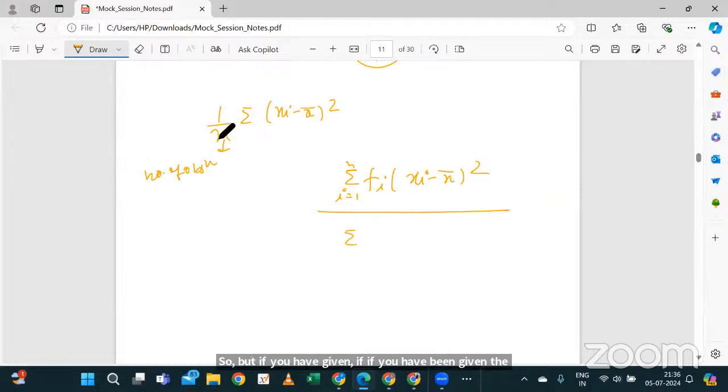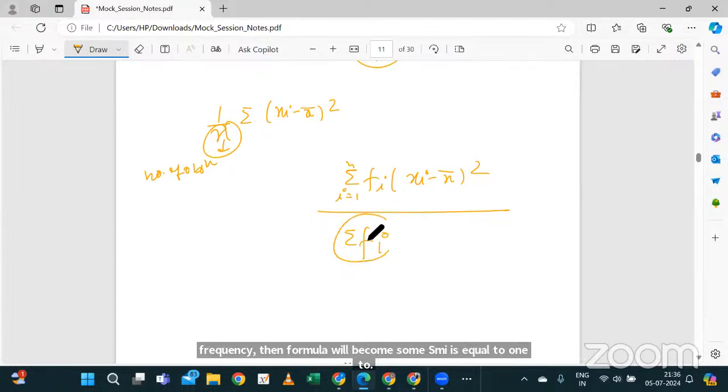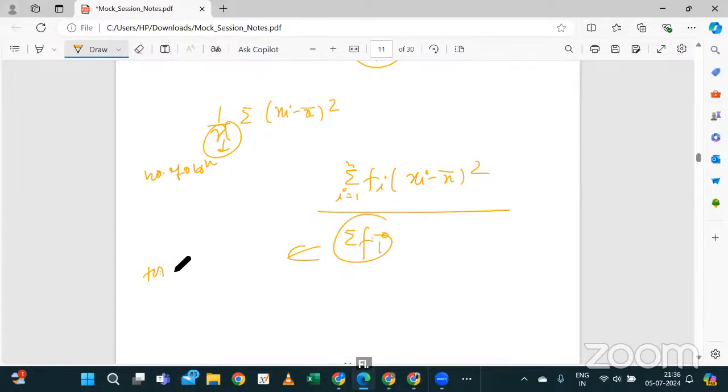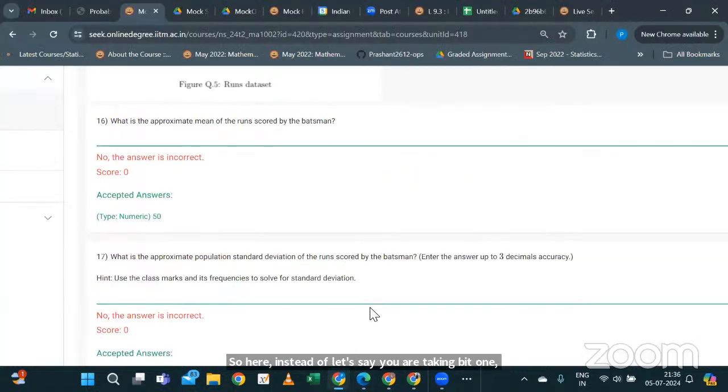And this n will be summation of fi, because summation of fi represents the total number of observations. Here instead of xi, you are taking the midpoint, which is mi, so it will become mi minus m bar.